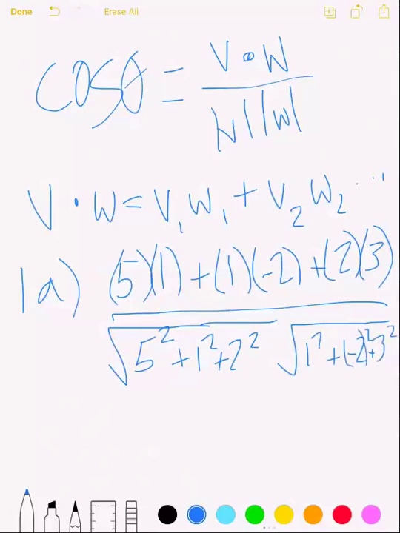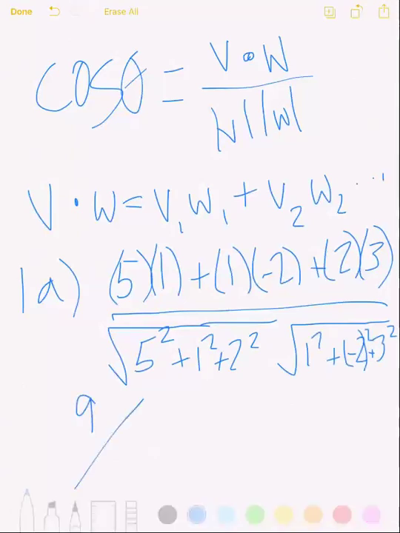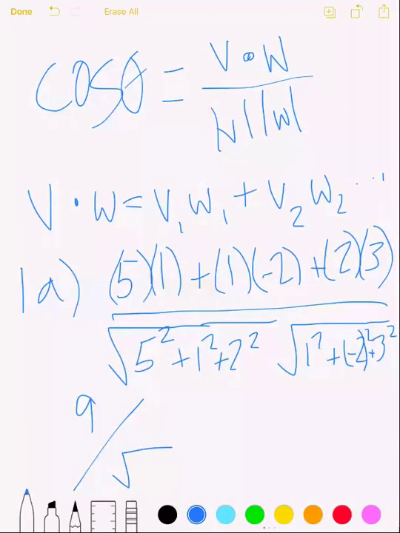Make sure your negative 2 in your calculator is in parentheses, or if you're doing it in your head, just remember that it's going to be a positive number. So 5 minus 2 is 3 plus 6, we get 9 divided by the square root of 30 times the square root of 5 plus 9 is 14. Would we need to simplify it, or could we just leave it like that?